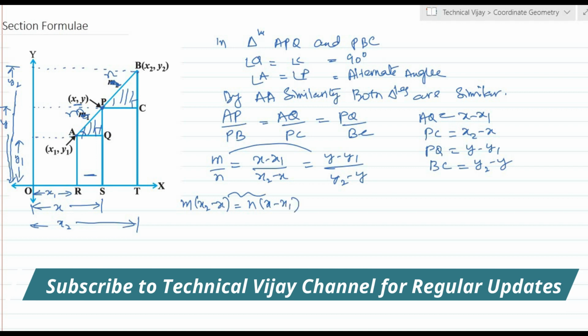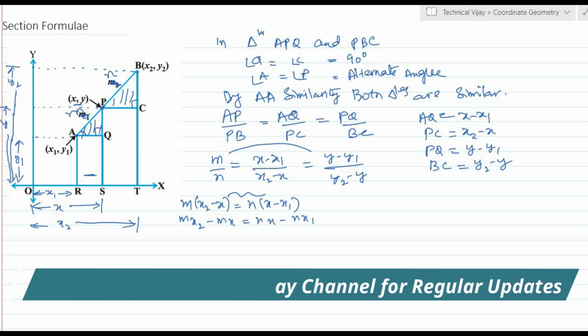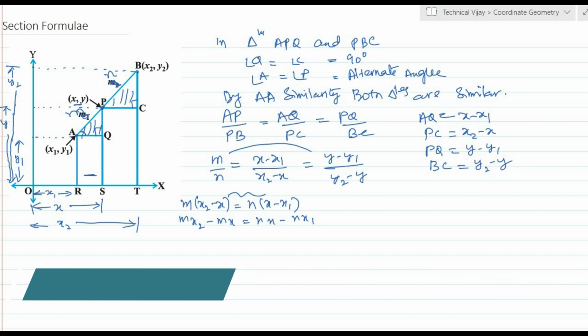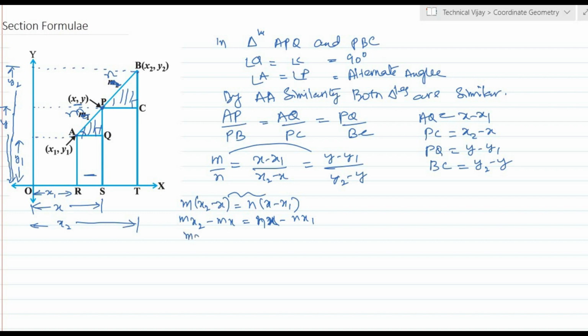So mx2 minus mx is equal to nx minus nx1. Taking terms to this side, mx2 plus nx1 is equal to nx plus mx.